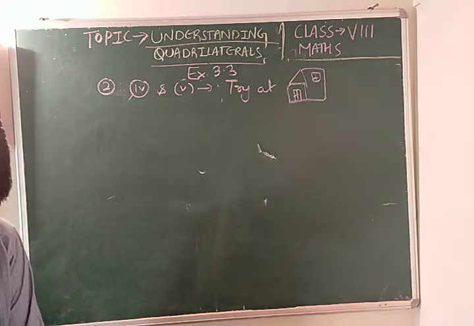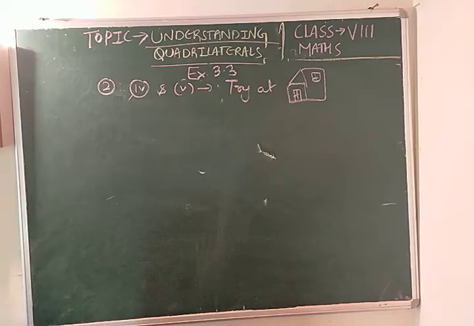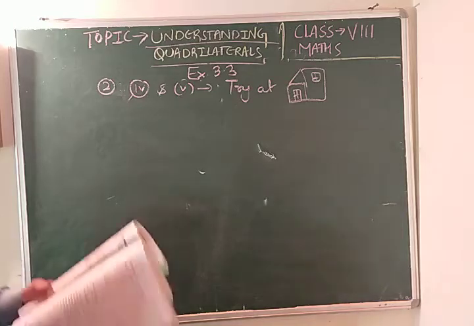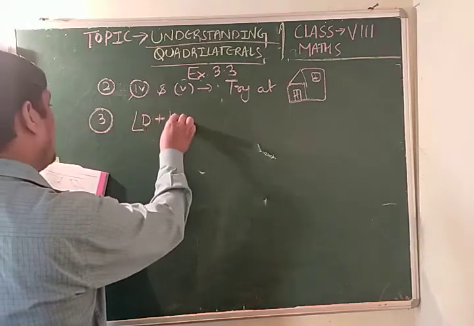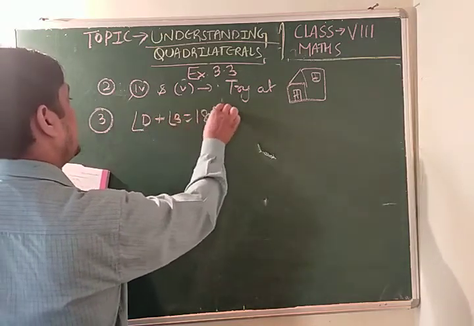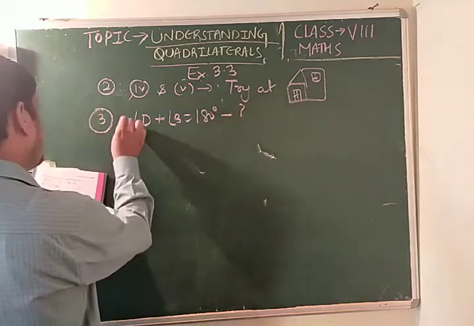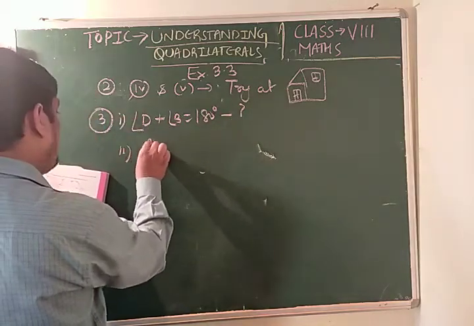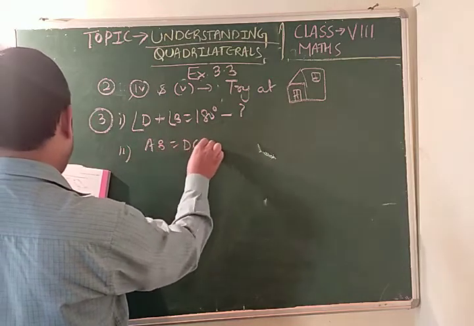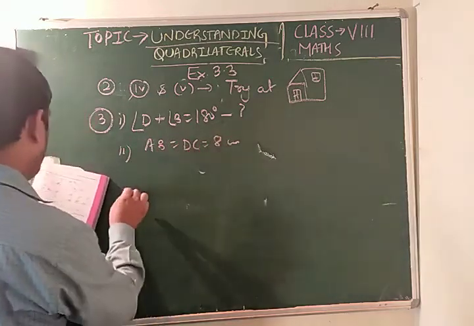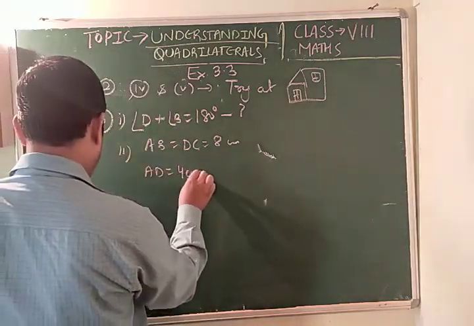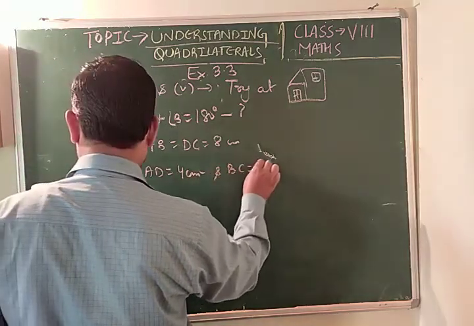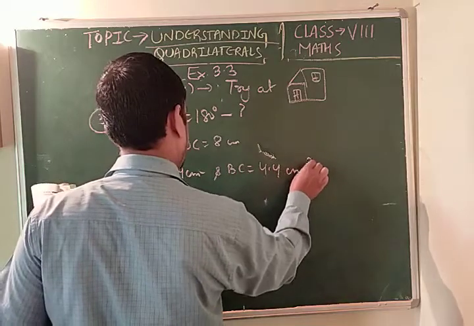After this, children, question number 3. In question number 3, what we will do? Can a quadrilateral ABCD be a parallelogram if, first part, angle D plus angle B is equal to 180 degree. Second part, AB equals BC equals 8 centimeter and AD is equal to 4 centimeter and BC equals 4.4 centimeter.